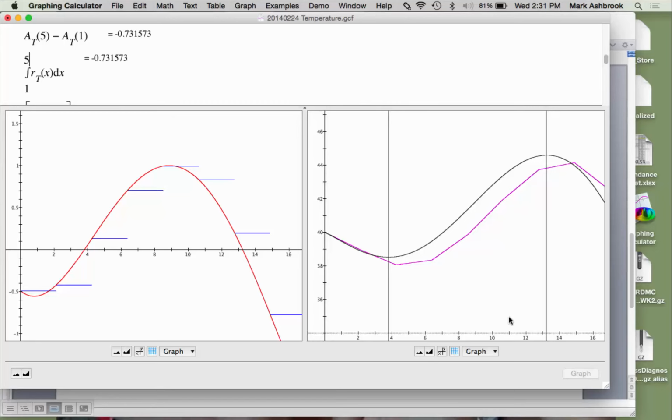The other way you could express that change would be A sub t, the actual temperature in the fridge then, minus the temperature then. So A sub t of 13.2 minus A sub t of 3.8 would be the other way to express that.